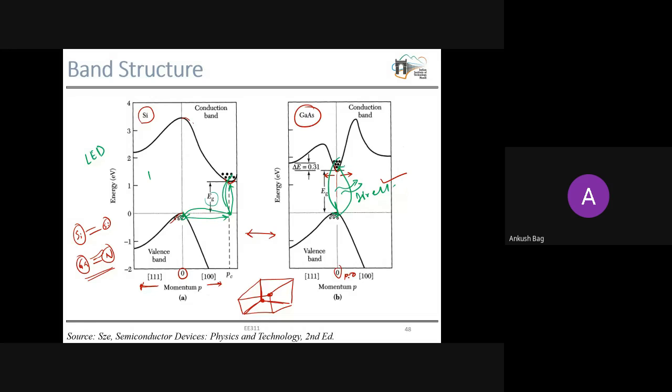That is why direct band gap semiconductors are very useful for fabricating LEDs or optical devices, and silicon is not. So the LEDs you see around, which you are using, are not typically made of silicon.